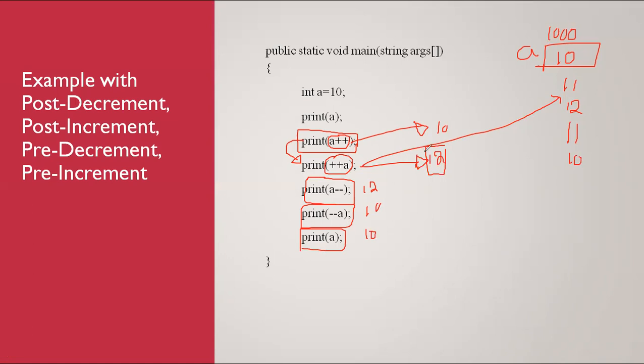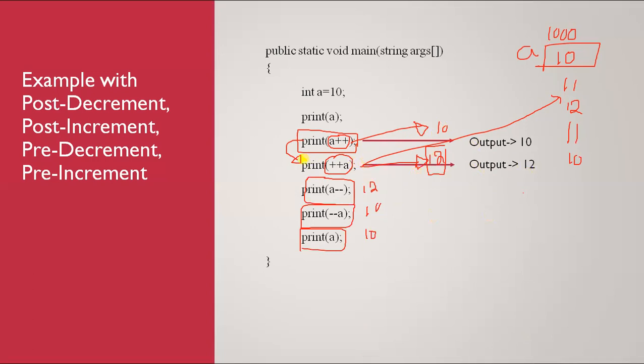Okay, let me give you one more example with a mix of post increment and pre decrement, and then you will get a clear picture about what this is all about, right? So what would be the output? If you could see, as I said, the output of a is 10 here, because the a value gets incremented after printing it.